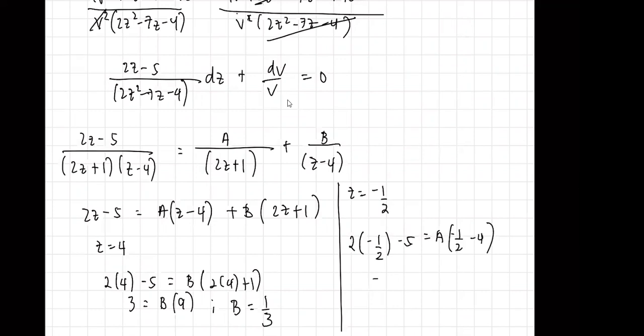So, this will be negative 1 minus 5 equals to a times negative 1 minus 8 over 2. So, this will be negative 6 equals to negative 9a over 2, or a natin will be equals to 2 times 6 is 12.